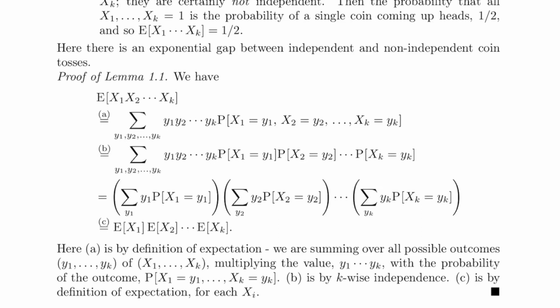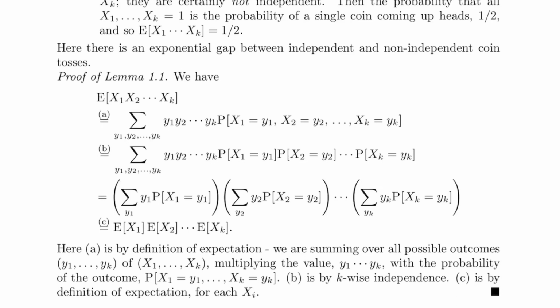This is exactly the definition of expectation. By k-wise independence, we can take that probability and write it as a product of individual probabilities. So now we have the probability that x1 is equal to y1 all alone, times the probability that x2 is equal to y2 all alone, times all the way on down to the probability that xk is equal to yk, again taken apart from the others.